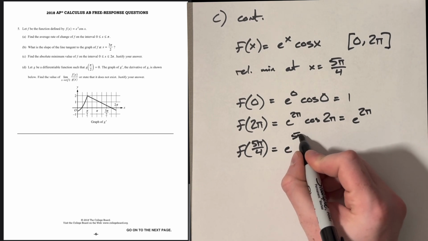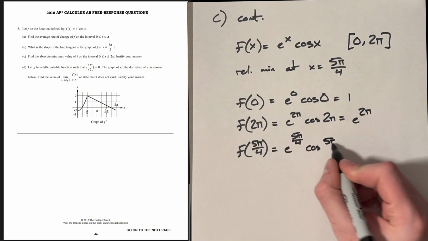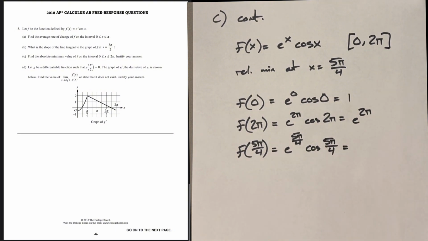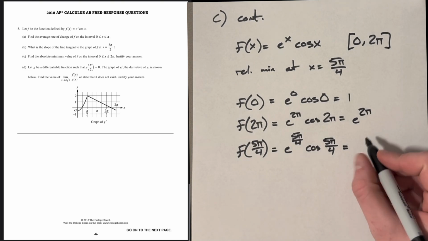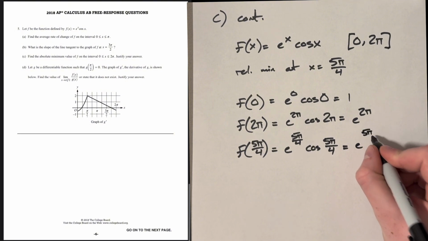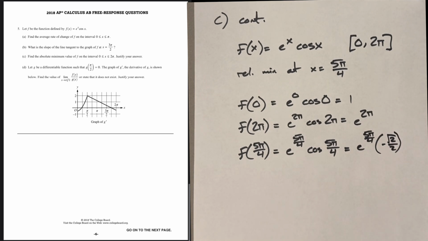Now, f of 5 pi over 4, this is our final one. It'd be e to the 5 pi over 4 times the cosine 5 pi over 4. From our unit circle, we said the cosine of 5 pi over 4 is negative root 2 over 2. So this will be e to the 5 pi over 4 times negative root 2 over 2.